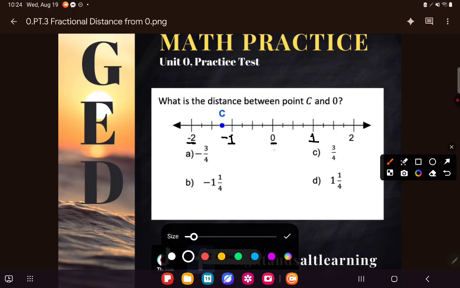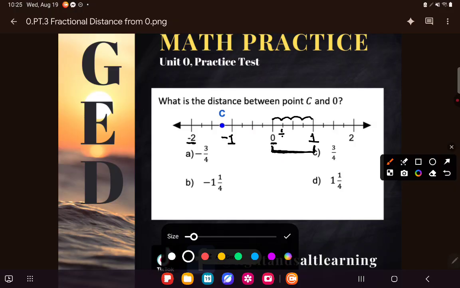So I'll look here from 0 to 1. My only goal right now is to count how many spaces are between 0 and 1. So I can see there's 1, 2, 3, 4. I broke one whole unit into 4 equal pieces. That means this number line is going by fourths.